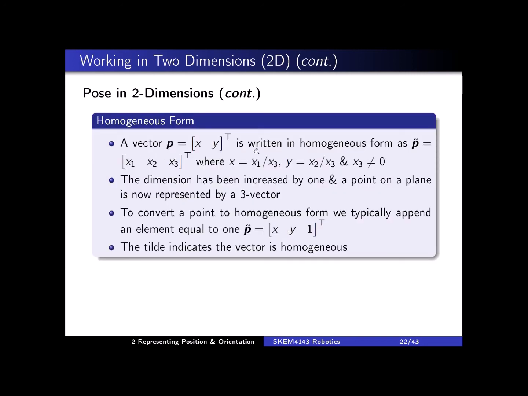A vector P is written in homogeneous form. In our case, x3 is always 1. The dimension has increased by 1, and a point on a plane is now described by a 3 vector. To convert a point to homogeneous form, we typically append an element equal to 1. So we just add 1 and P becomes P tilde. The tilde indicates the vector is homogeneous.